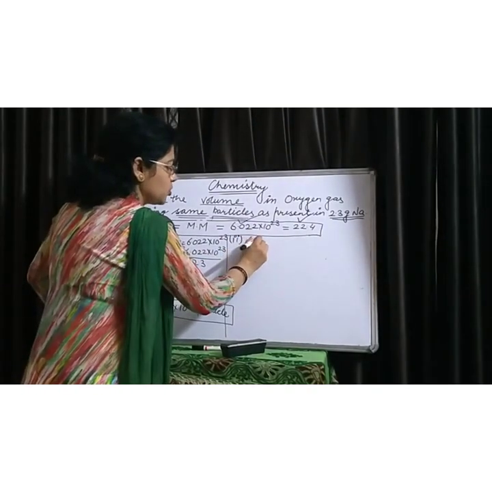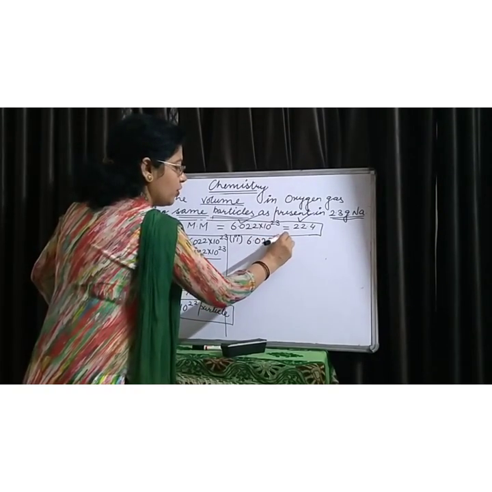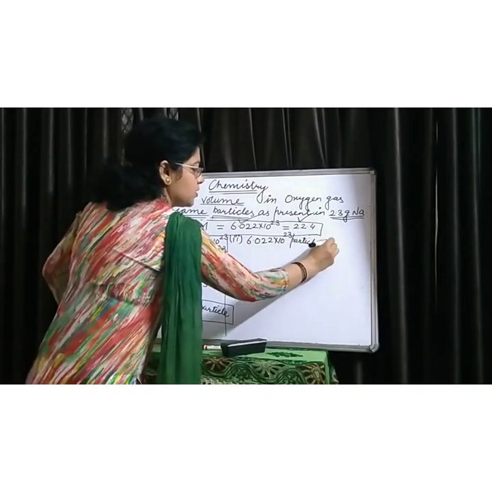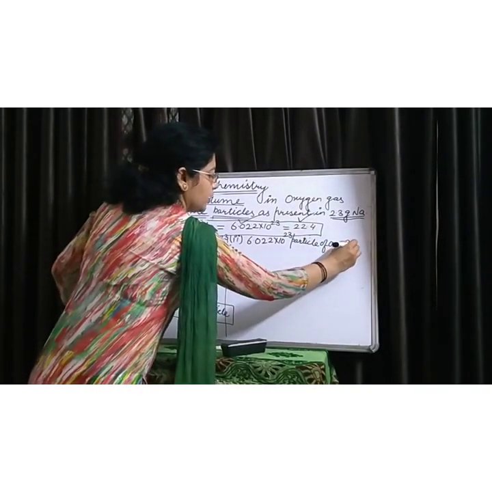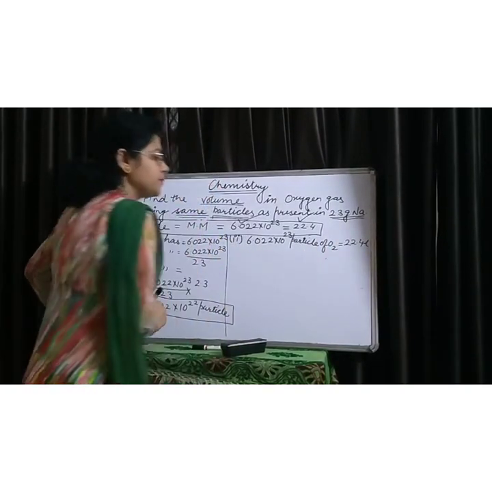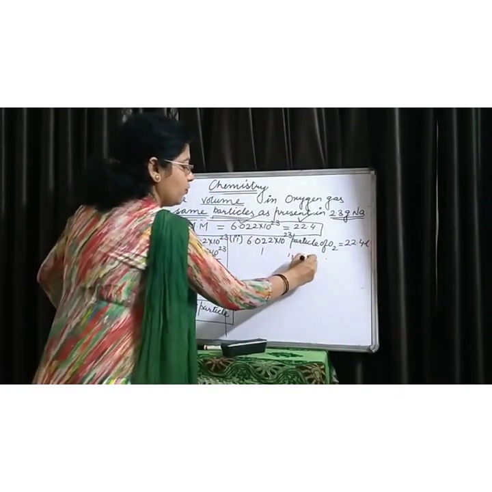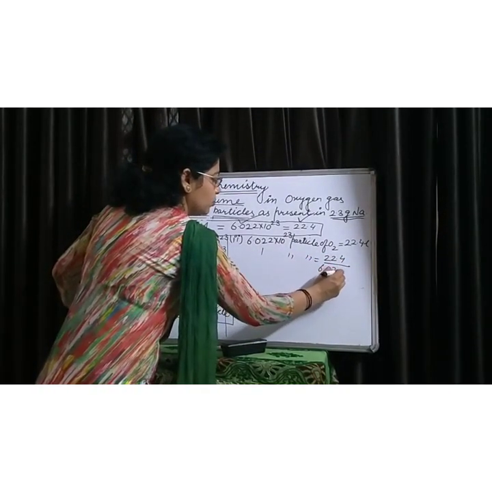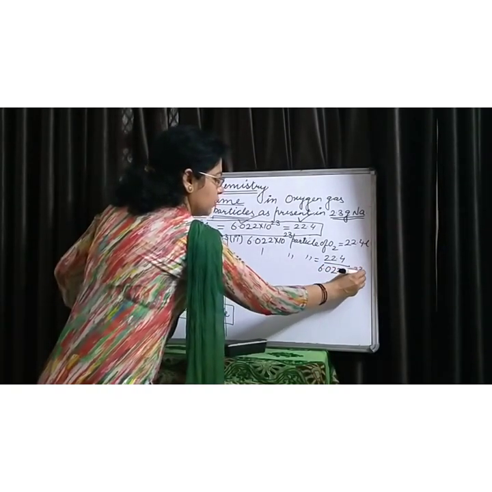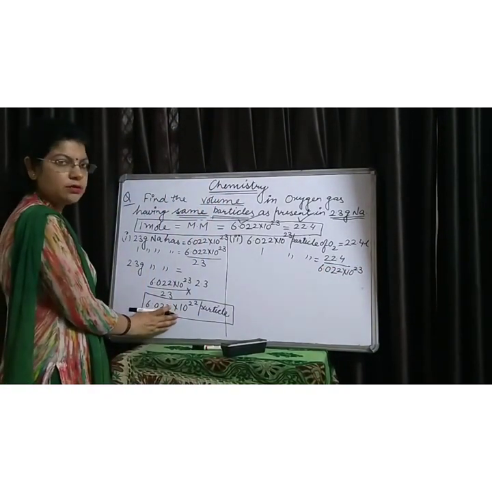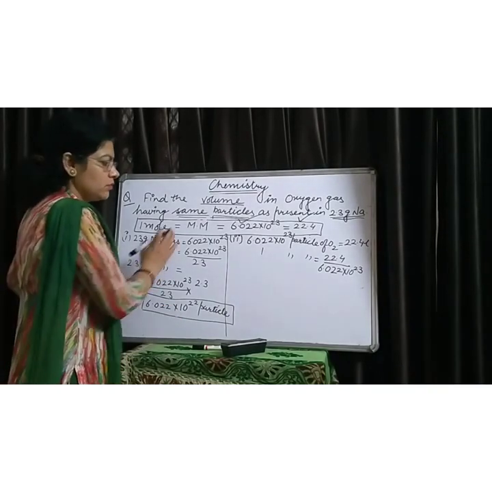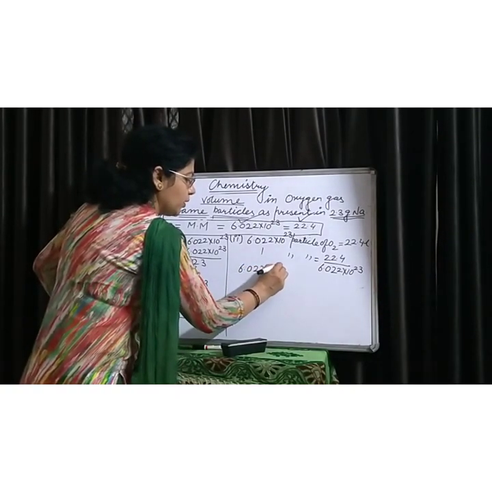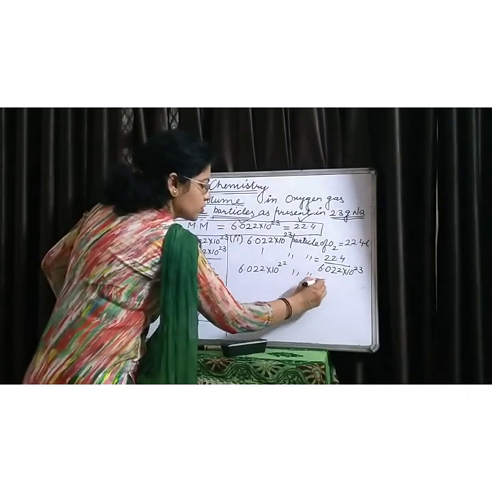So put here 6.022 × 10^23 particles of oxygen has volume 22.4 liter, and one particle of oxygen has 22.4 divided by 6.022 × 10^23, and you have to calculate for 6.022 × 10^22 particles of oxygen.